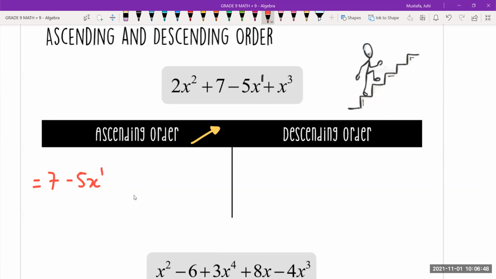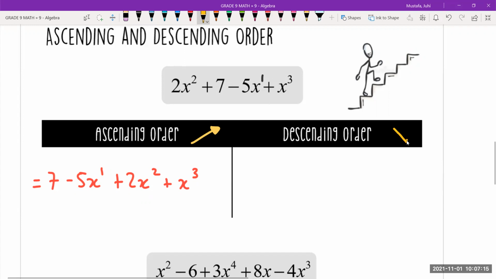What is the next higher exponent? Yep, and what sign is in front of the 2x squared? Is it positive? So it's going to be positive 2x squared. Yep. And then what's the next higher exponent? Positive x to the power of 3. This is called ascending because we started with the smallest, which was nothing. Then we went to 1, 2, and 3.